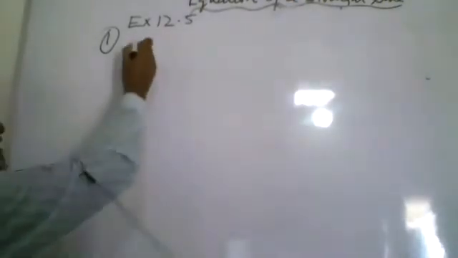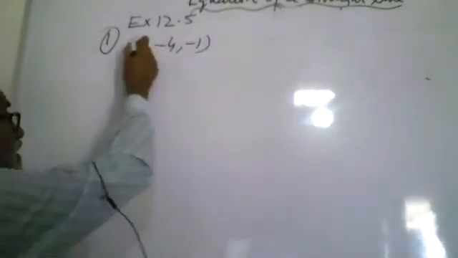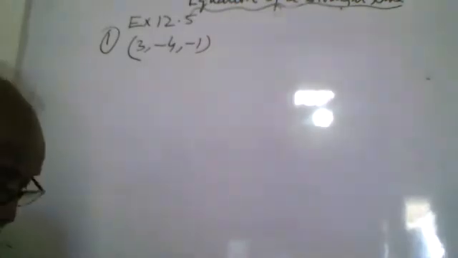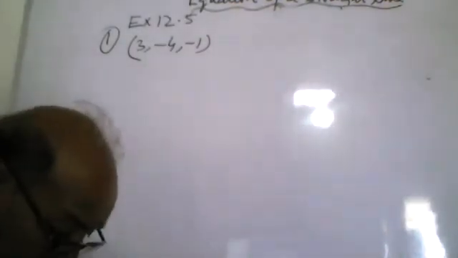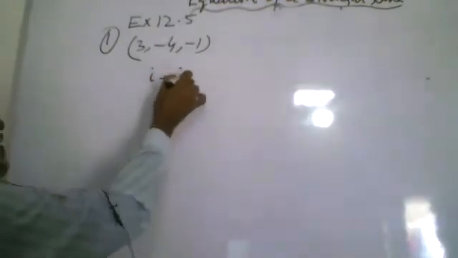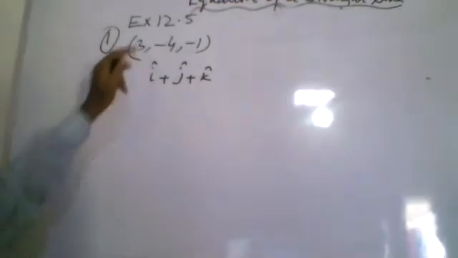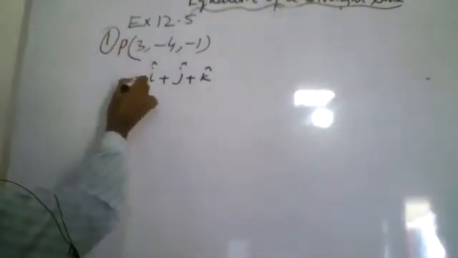The line is passing through this point and parallel to the vector i plus j plus k. This is the vector parallel to the line and this is the point through which the line is passing. I name the point P and name the vector V.